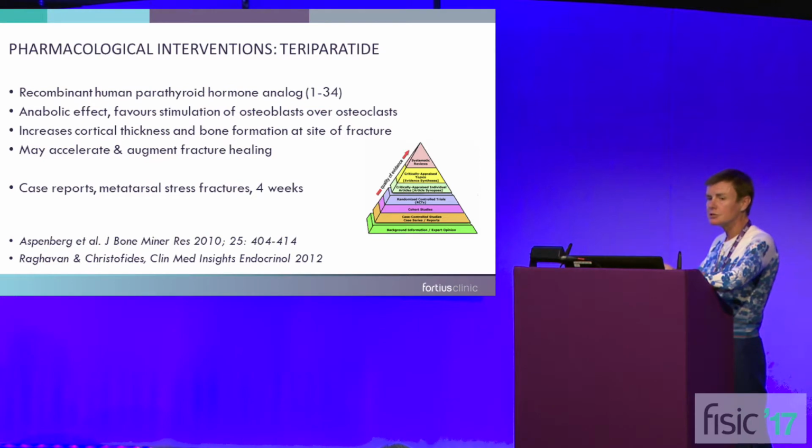Richard has already mentioned the fact that if we really do have to intervene, if we perceive delayed healing, then from a medical perspective, teriparatide has case report level evidence of benefit with treatment over the course of 4 weeks. It is considered to be quite a low risk approach, but reserved for those people who really do have delayed healing.